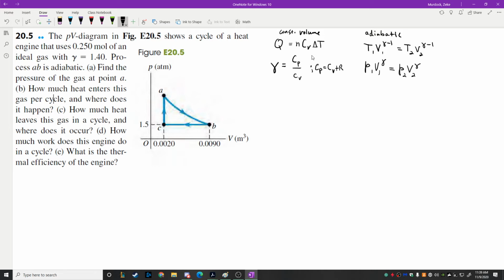So this allows you, if you combine these together, gamma equal to, you plug in CV plus R, and since you know R, you can solve this to get CV, right? Because this would be equal to 1 plus R over CV.